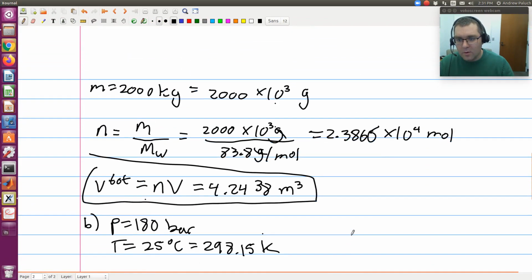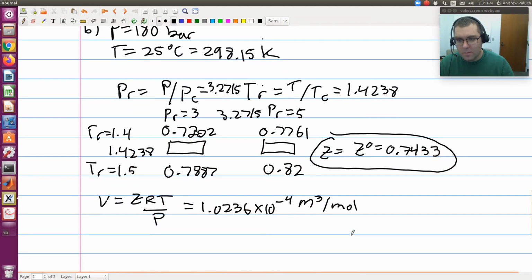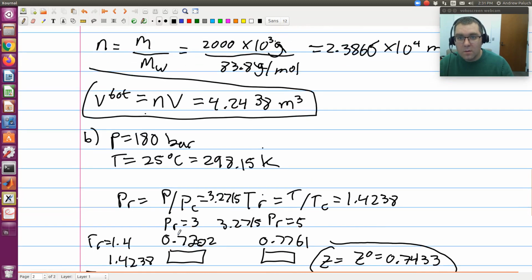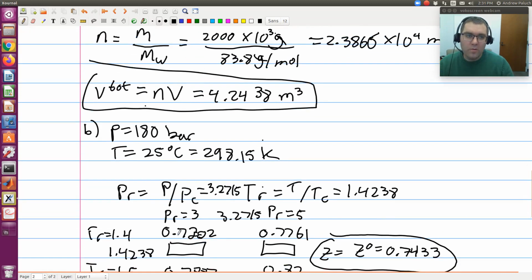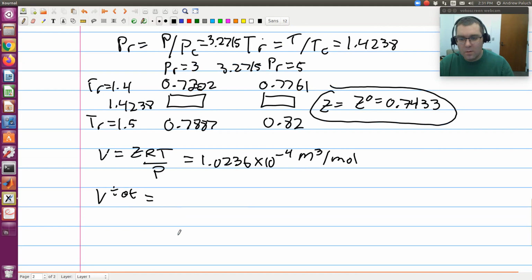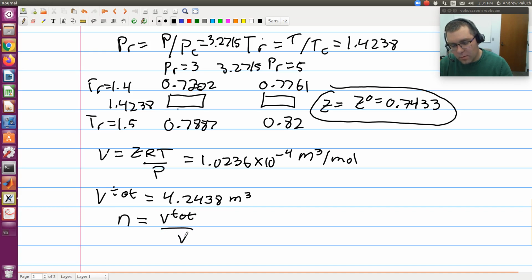V total is the same V total, 4.2438 meters cubed. So N is equal to V total over V.